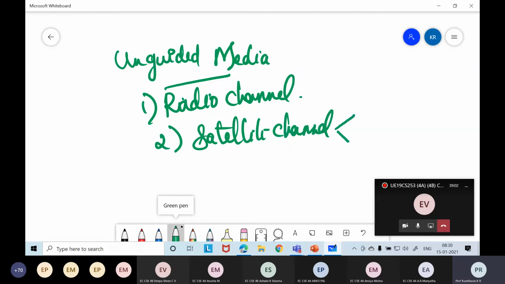We'll be seeing about this also, a quick one. You have two kinds here: one is called geostationary satellite, and one more is called LEO, where LEO expands to low Earth orbit. Low Earth orbit satellite. We'll see the differences now.